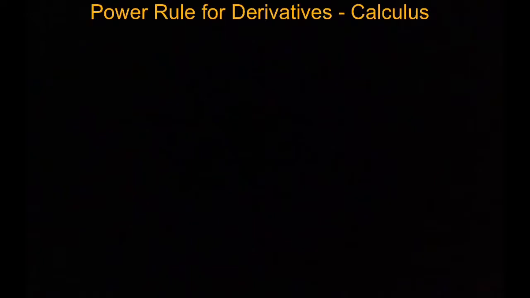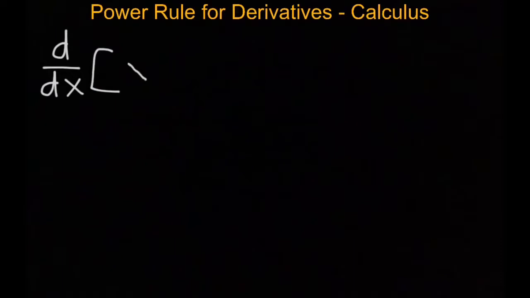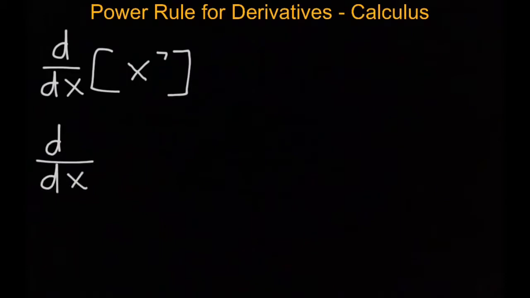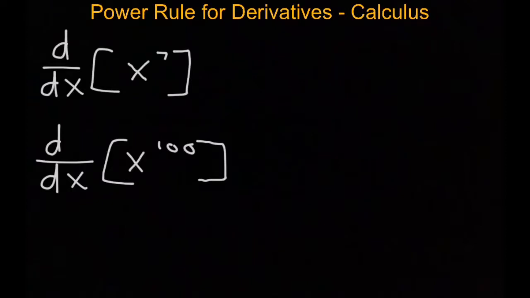Now, let's try two more examples. Find the derivative of x to the power of 7 and the derivative of x to the power of 100. So feel free to pause this video and work on it by yourself. So for our first question, our n value is 7.